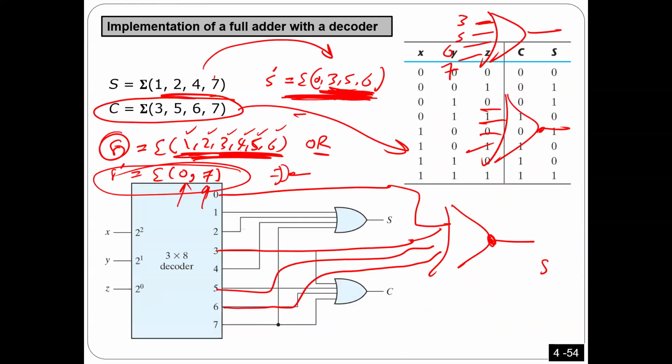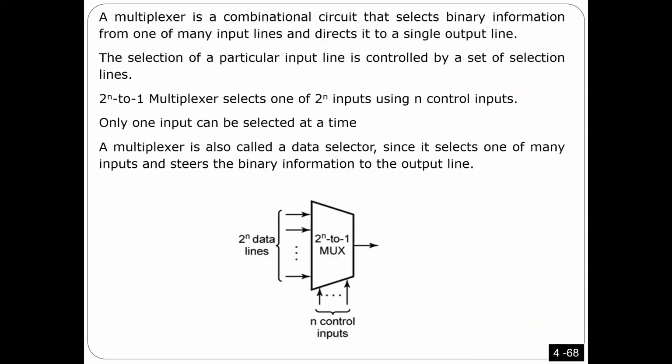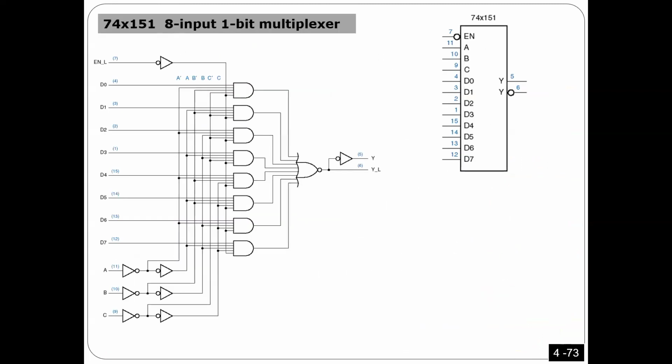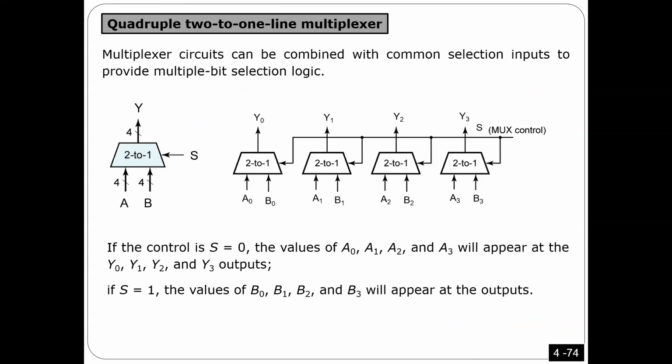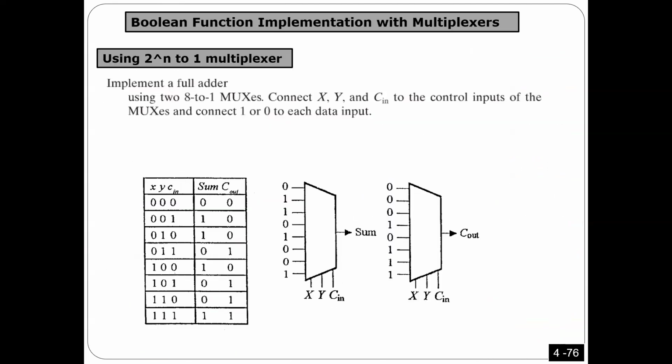The second part of the lab is about the multiplexer. I explained here how the multiplexer works and so on. But the part I want to explain, you need it in the lab. You have a chip that has a multiplexer. This is the symbol we are using for a multiplexer.